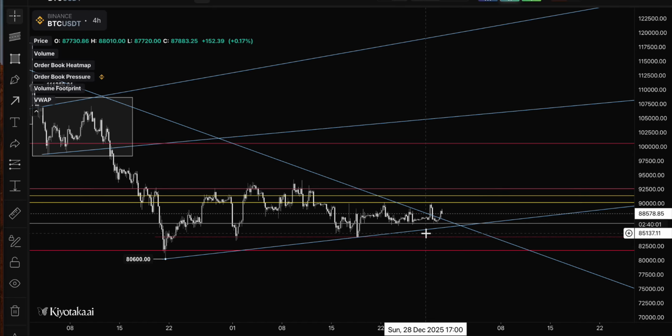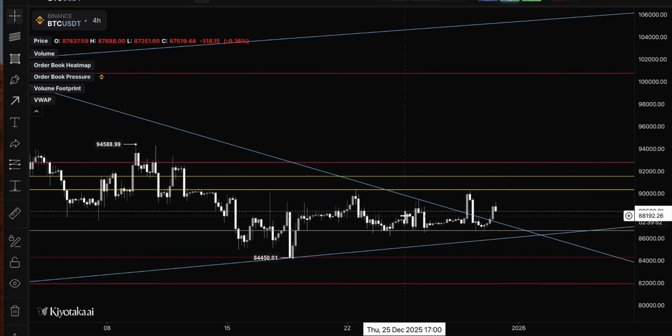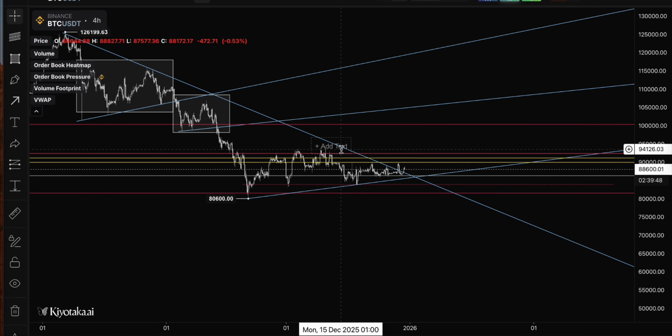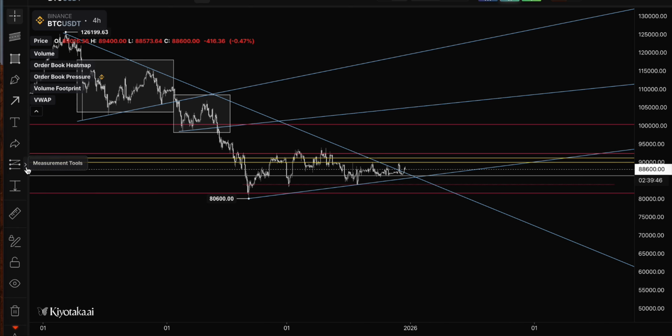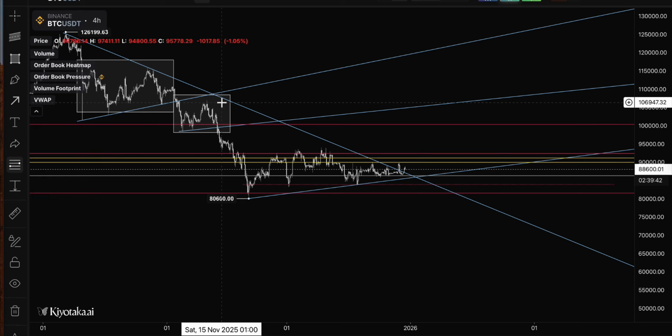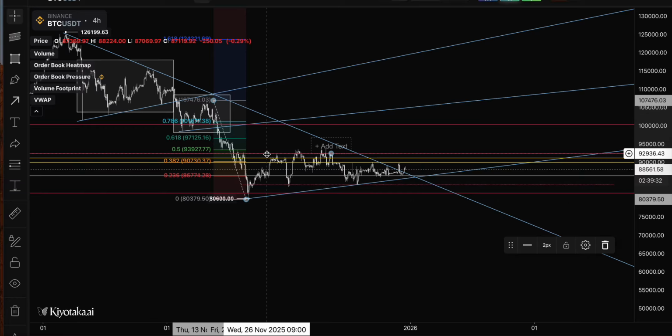For example, this is 4 hours. Let's make it very big. Don't take this as a rule for this exact trade, it's just an example. I'm going to use a fib because it's easier.